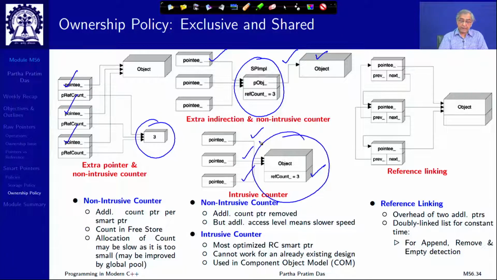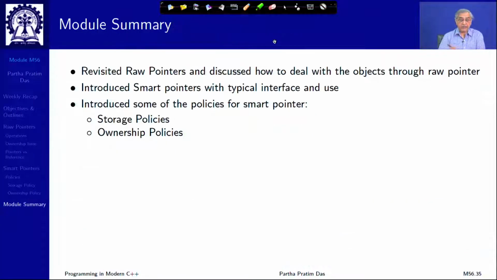But the catch is that if it has to be a part of the object, then it will not work for existing projects, because the objects are already there. So, it is the developer who will have to provide this. Only in projects which are closely managed by a company, like the Windows COM objects, the component object model from Microsoft, do they use this kind of model, but in general this cannot be used. Otherwise, you could link the references. So, these are the different strategies by which the shared ownership policy can be implemented.